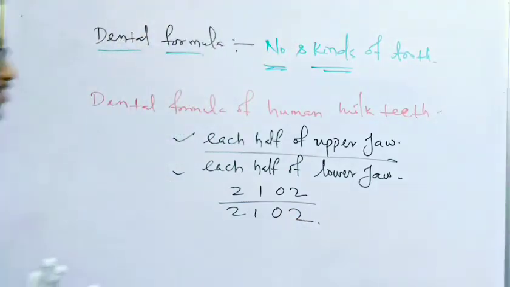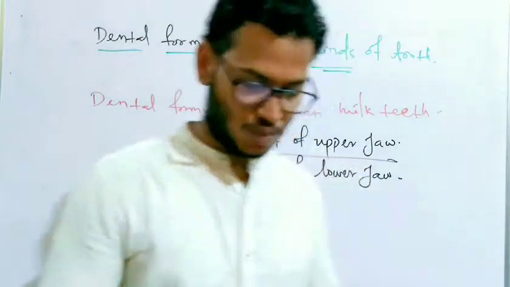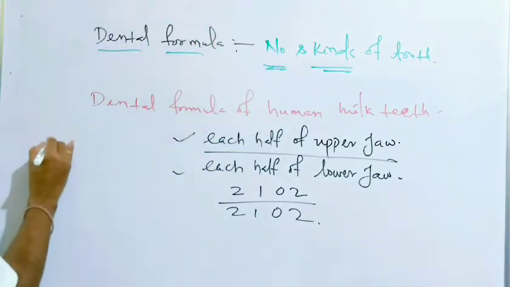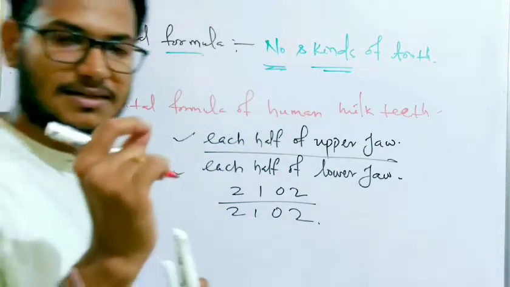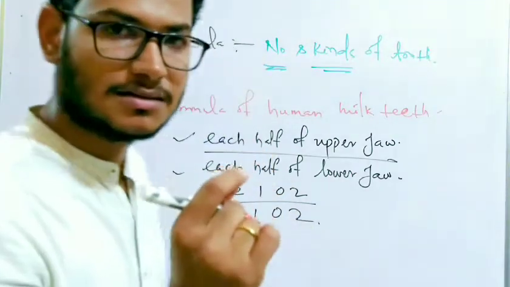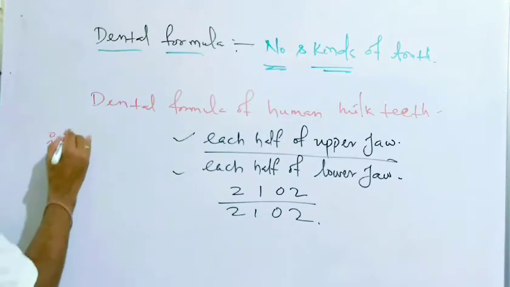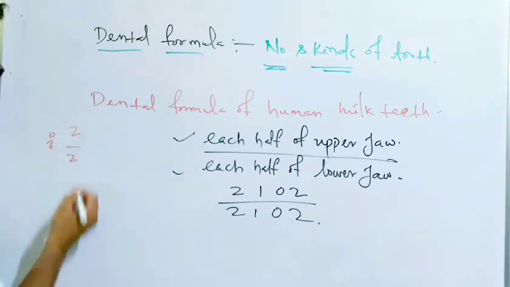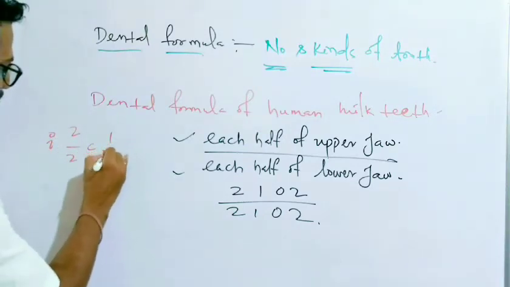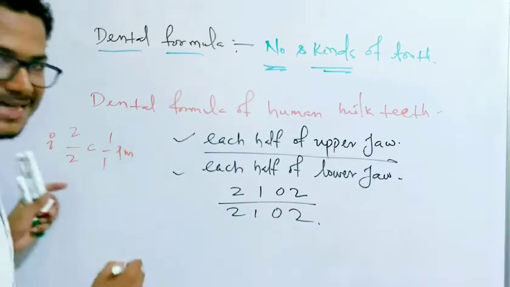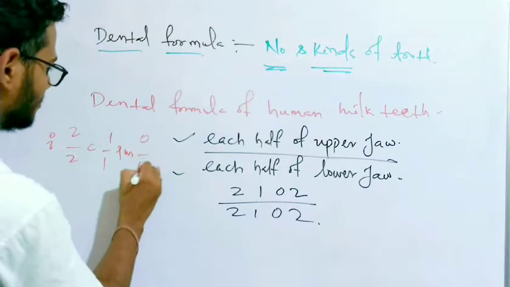What does it mean? 2102 by 2102. So here look, we have incisor first. We denote the incisor with small I, which is 2 by 2, then canine, which is 1 by 1, then premolar, denoted with PM, 0 by 0.